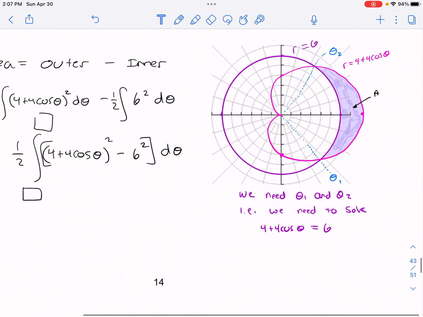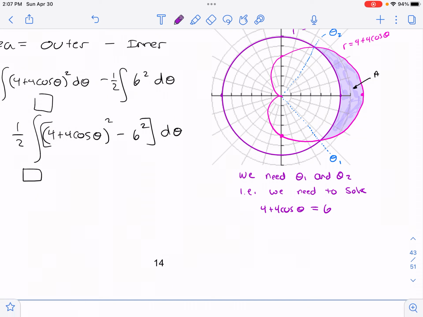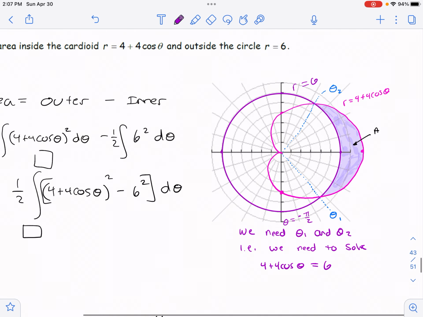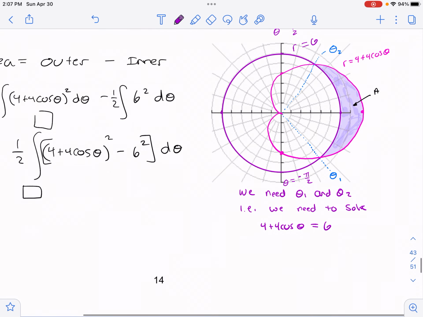There's actually an infinite number of solutions in polar to that equation. This angle here is negative 90 degrees, or negative pi over 2, and this is positive pi over 2. So really we just want the intersection on the interval negative pi over 2 to pi over 2.